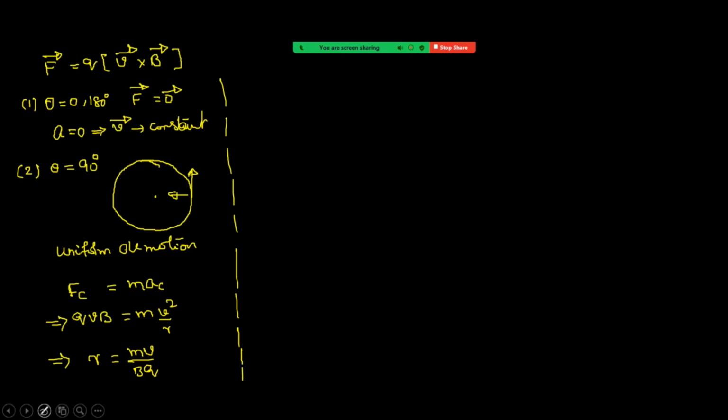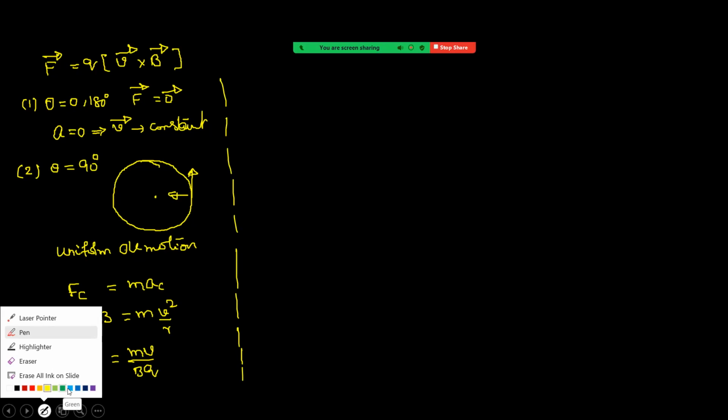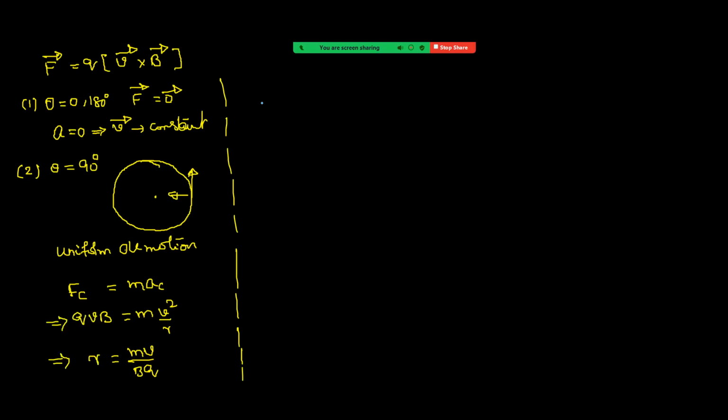Or we can write radius in the place of momentum MV. MV stands for momentum. So in the place of momentum, we know that kinetic energy equal to P square by 2M, right? So in the place of P, we can write root of 2mK.